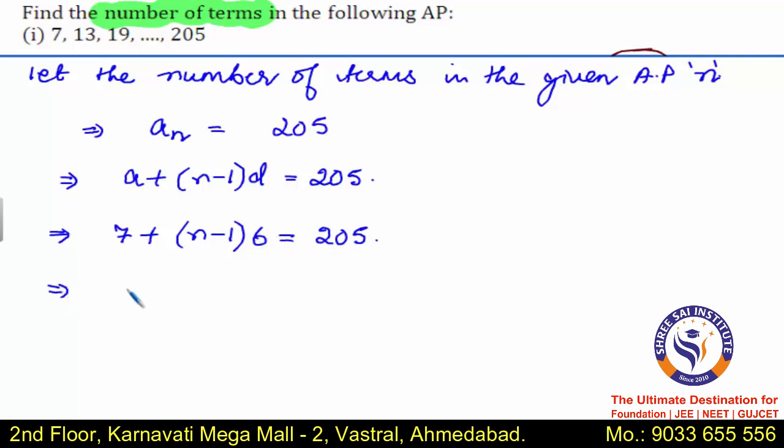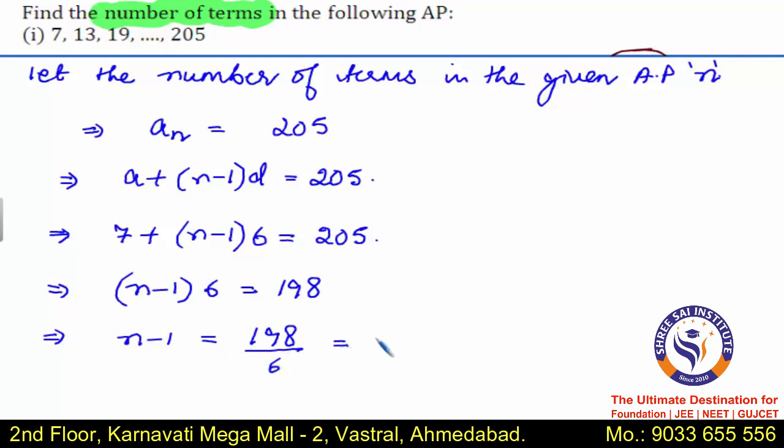This further implies n minus 1 into 6 is equal to 205 minus 7, which is 198. Simplifying it further, we have n minus 1 is equal to 198 divided by 6, and this is equal to 33.